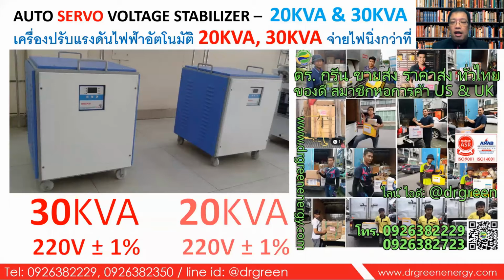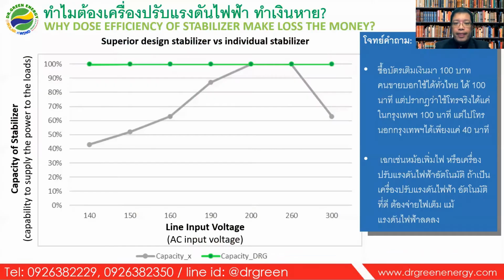So the output which is only 220 volts and plus minus 1% is a very superior design and provides very good and very high efficiency if you are looking into the design of the stabilizer. So this is considered the best-in-class stabilizer which you can deploy in your sites or at your home or any places for the projects. So let's talk about the good stabilizer.